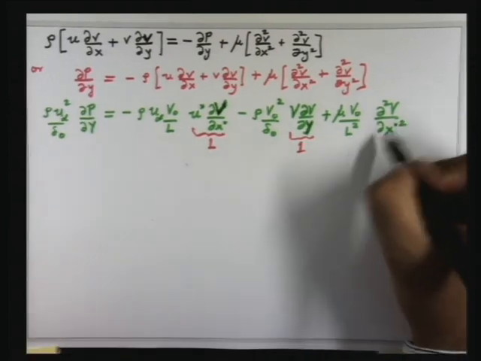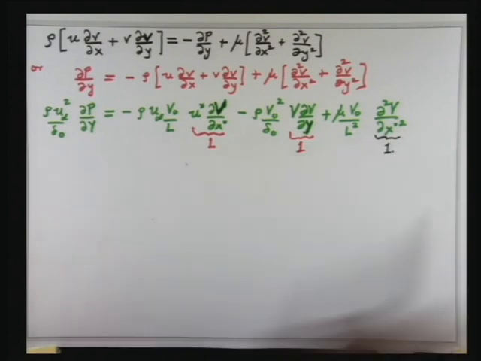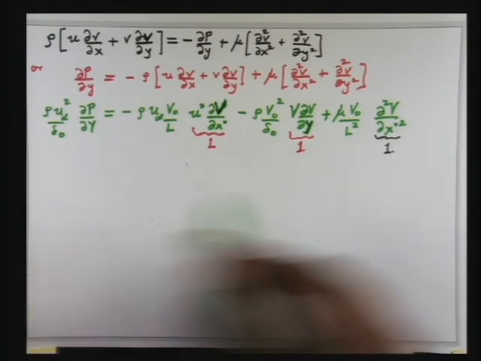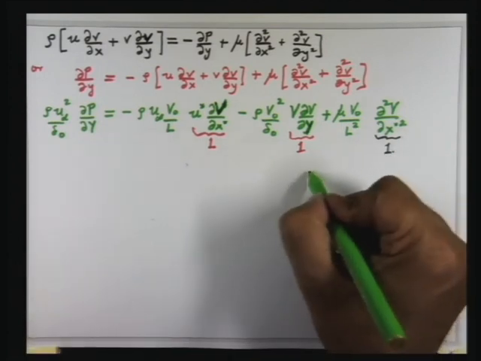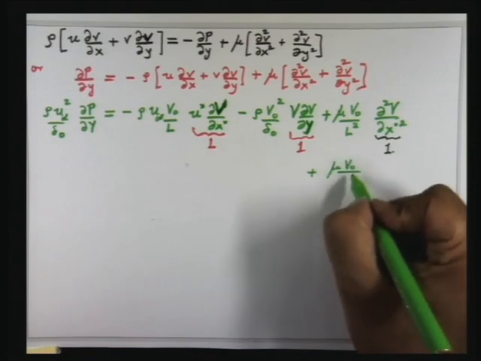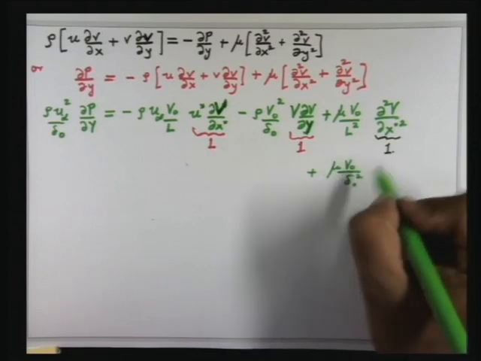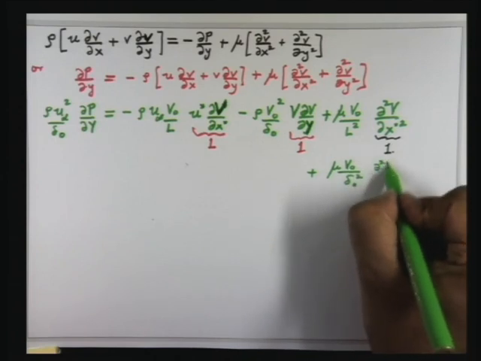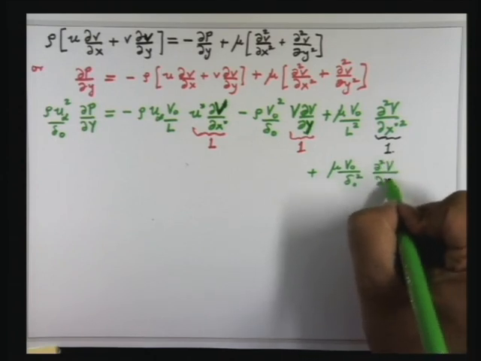So this quantity is order 1. And the last term will be mu V naught by delta naught squared into del 2 capital V del y squared.